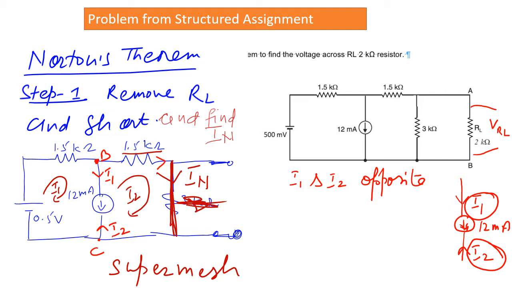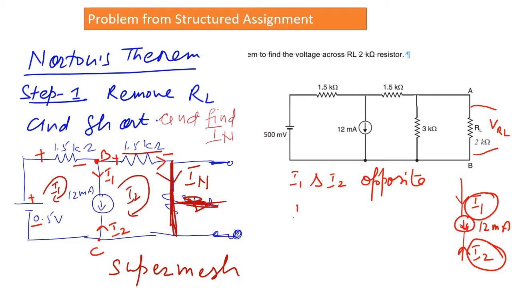So this I1 is coming from the voltage source. So I will take this first, I1. Here I will give the sign to each resistor by taking this voltage source. So this is plus here, and this is minus here. So this is plus, and this is minus. So this is plus, and this is minus here. According to this, I am giving the sign to the resistors, and the current I will take according to this voltage source.